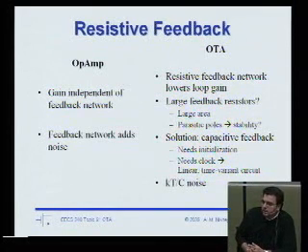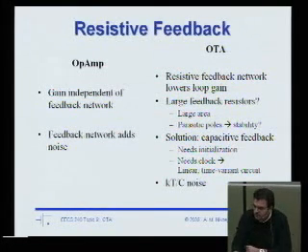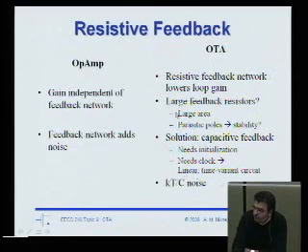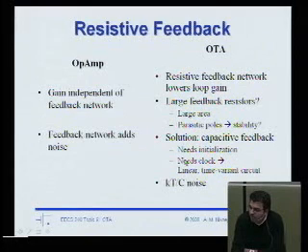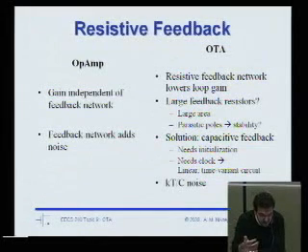In an OTA, because the resistive feedback lowers the gain, we could either use very large resistors. That would be one option. But using large resistors means lots of area, as we know very well now. And also, we would have some problems with the parasitics of those large resistors. Large resistors have lots of capacitance, and so the stability of our amplifier would be an issue.